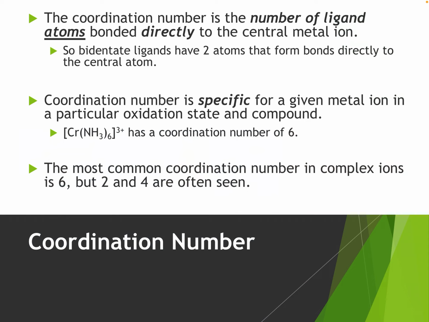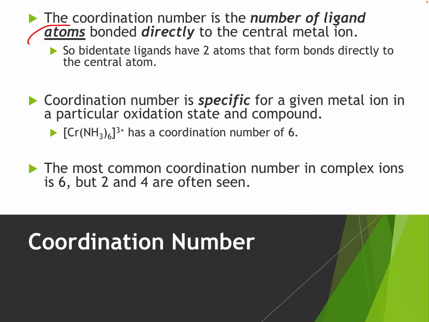So the reason that we care about this is because we look at coordination numbers. The coordination number will tell you how many ligand atoms are bonded directly to the central metal ion. So this is not including any counter ions, because the counter ions have, like I said, kind of floated away. So we're just looking at the ligand.